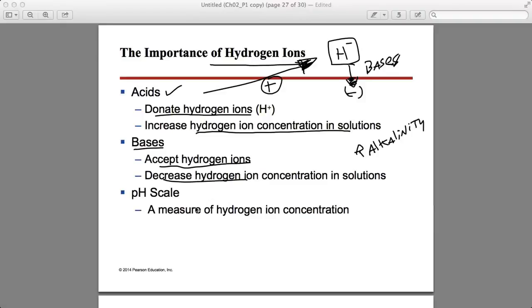Okay, so we use a scale to measure how many hydrogen ions are found in solution, and that is the pH scale. So it's a measure of hydrogen ion concentration in an aqueous solution.